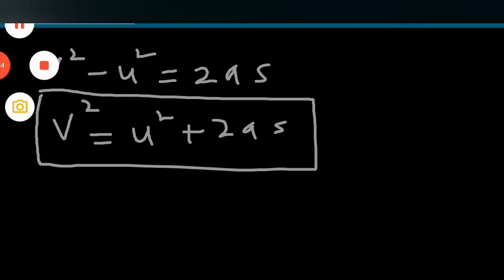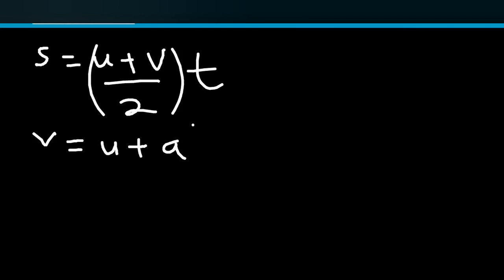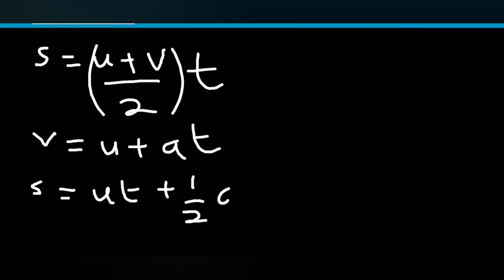As a recap, we already obtained that s equals (u plus v) over 2 multiplied by t as the first equation. Also, v equals u plus at as the second equation, and s equals ut plus half at squared as the third equation.